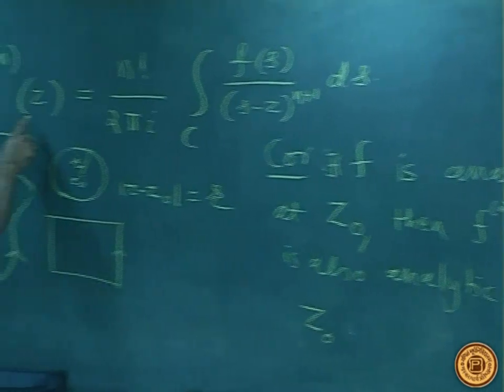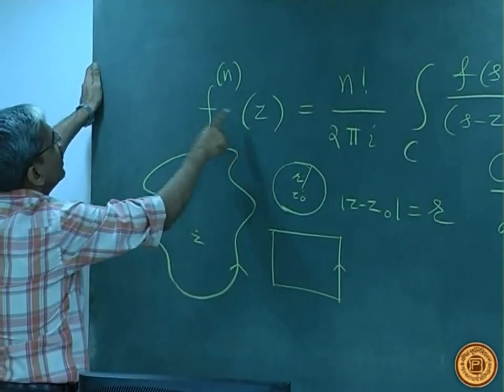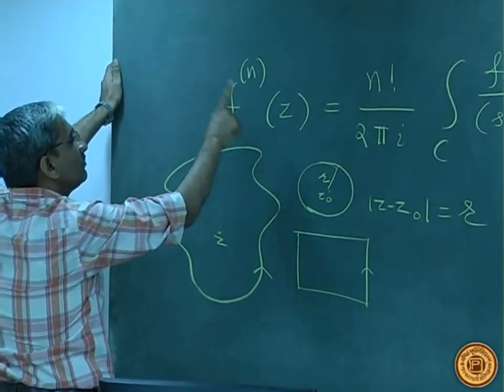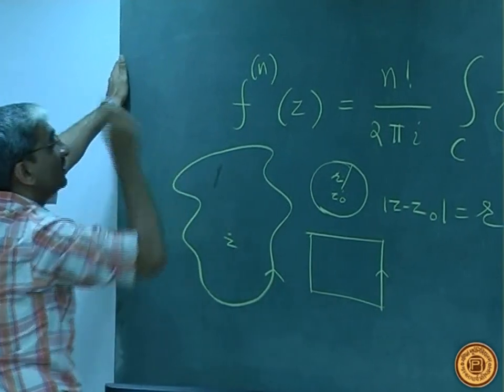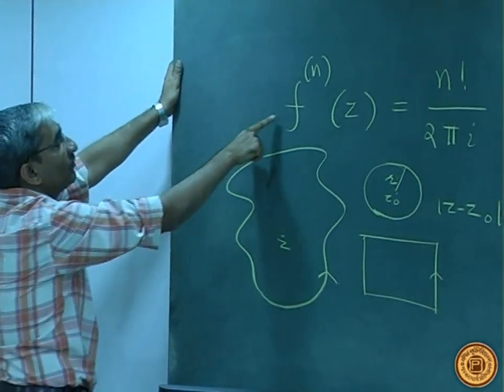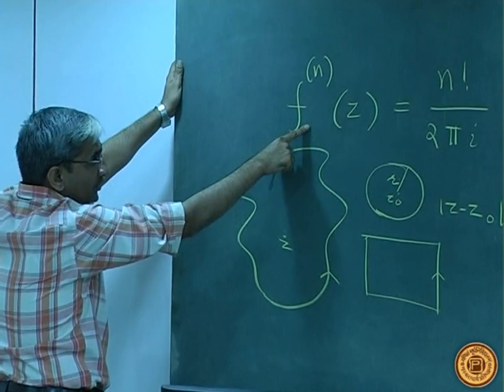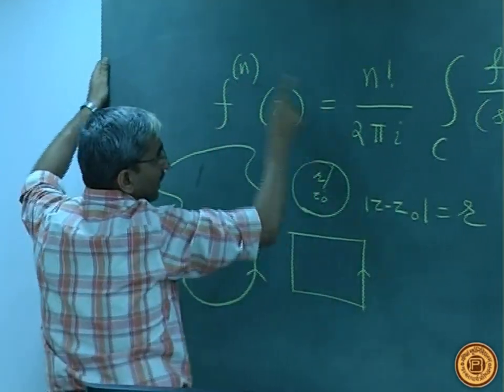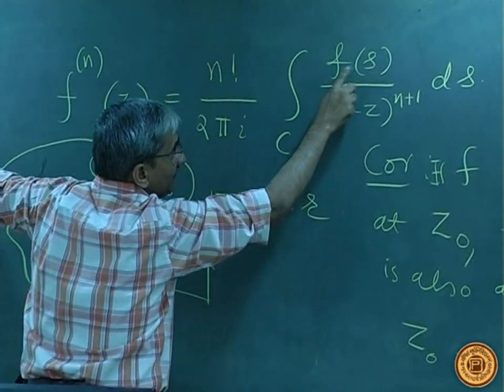We got this from this formula because this is obtained from just the assumption that f is analytic. So if f is analytic, you get the formula for f first, where n is 0, and this is f of s upon s minus z.